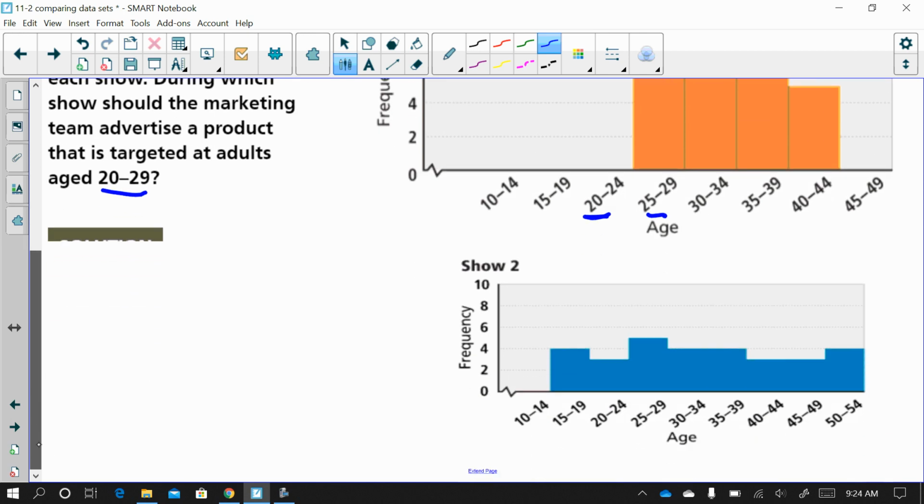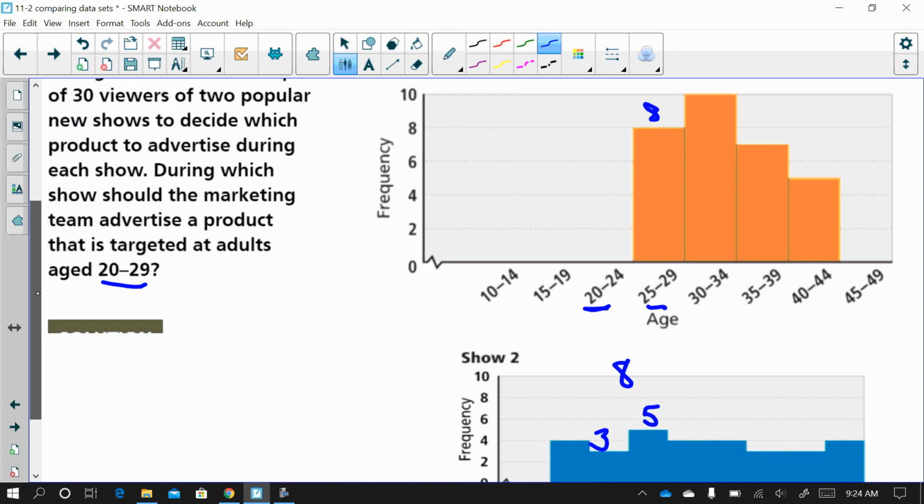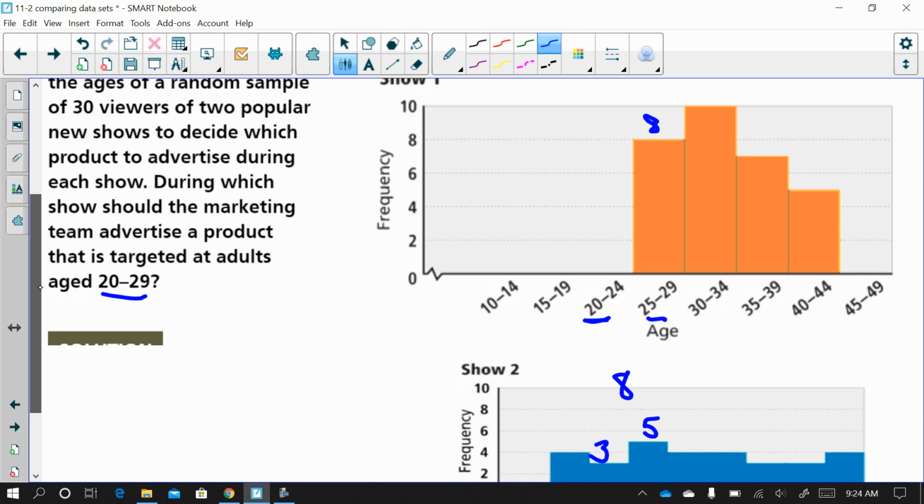Let's talk about show two. Okay, 20 to 29, I'm looking at these two intervals. Okay, 20 to 24, we have 3. 25 to 29, we have 5. So how many total do I have? I have 8. So, which one would you pick?